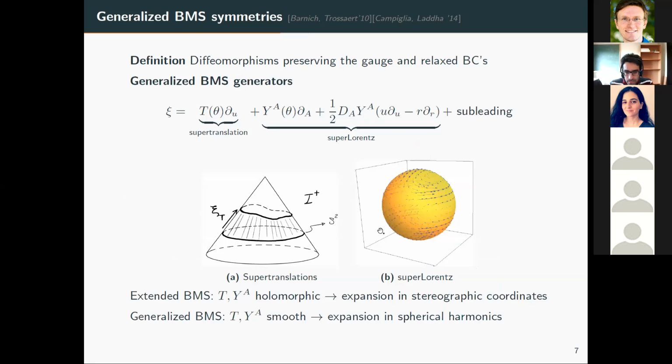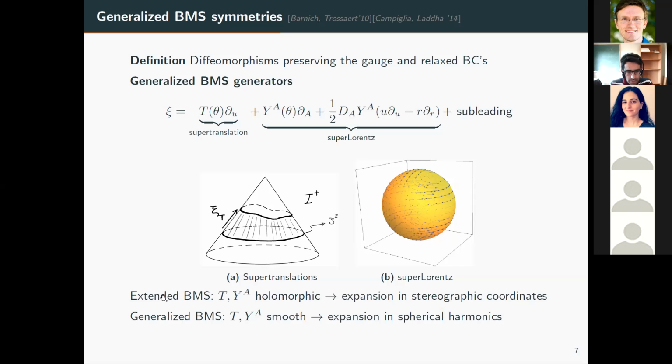Sorry, I should make a remark here. Here you have these parameters t and y for the transformations, for the symmetries. Barnich and Troessaert used the holomorphic basis to expand these gauge parameters.